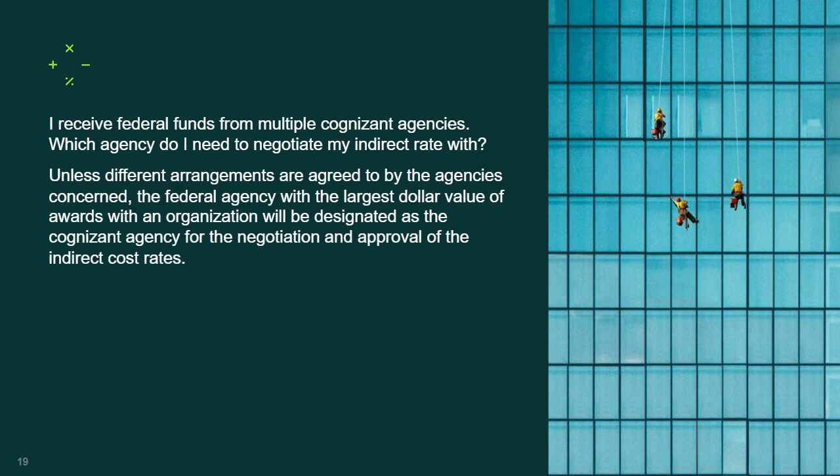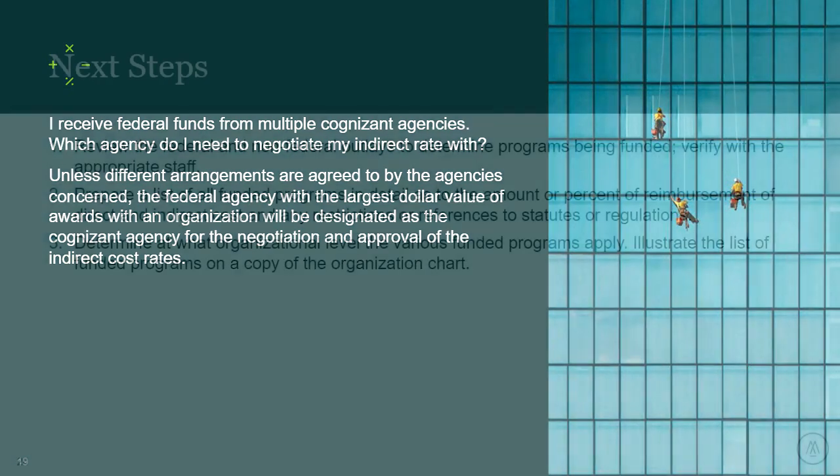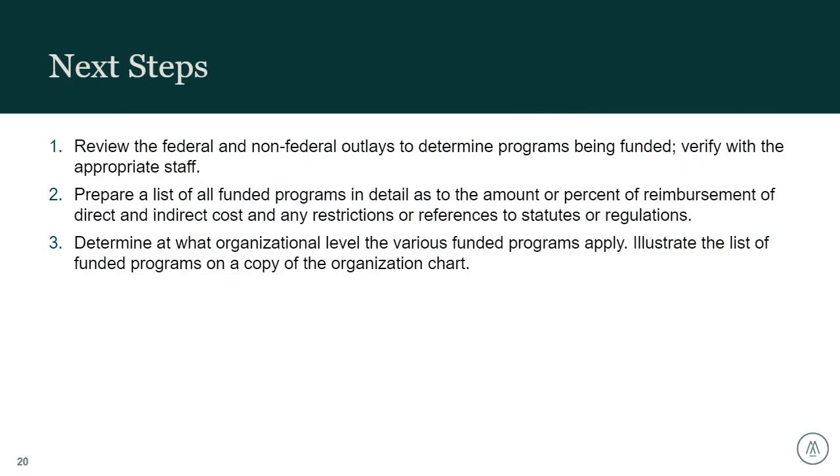So what are your next steps? You want to review the federal and non-federal outlays to determine which programs are being funded, and verify with the appropriate staff involved. Sometimes your grant awards are managed by a different team than your financial statement accountants. So really understand the programs that are involved.